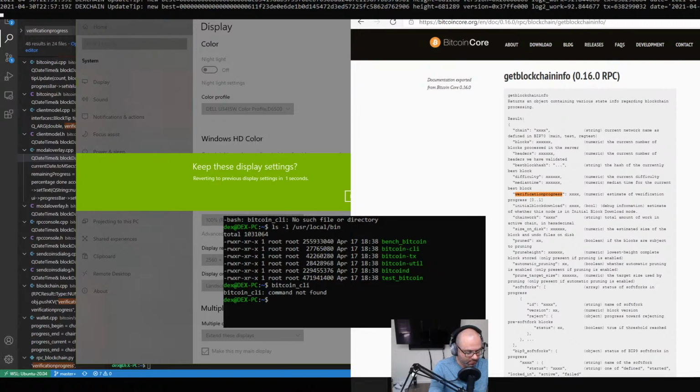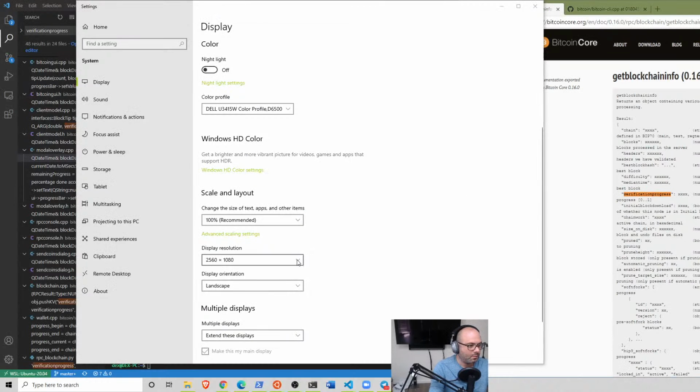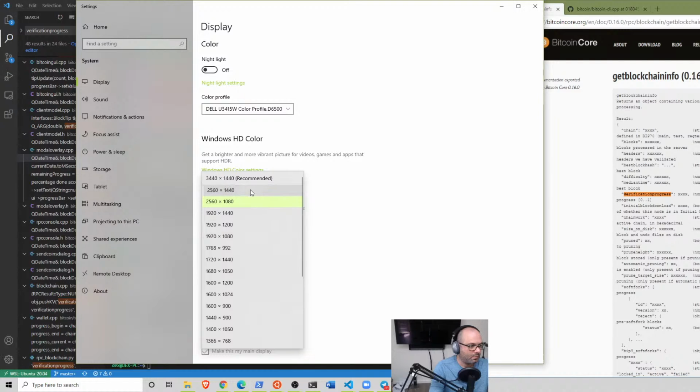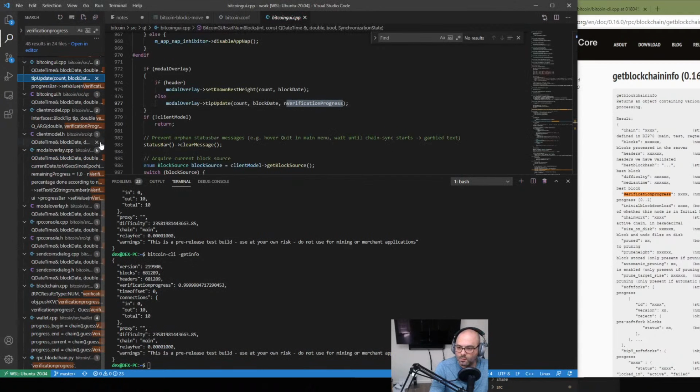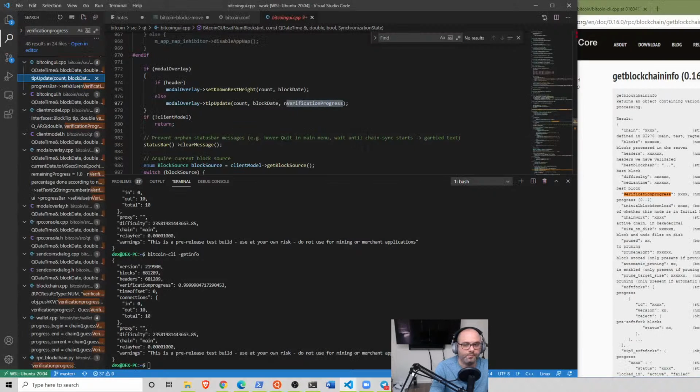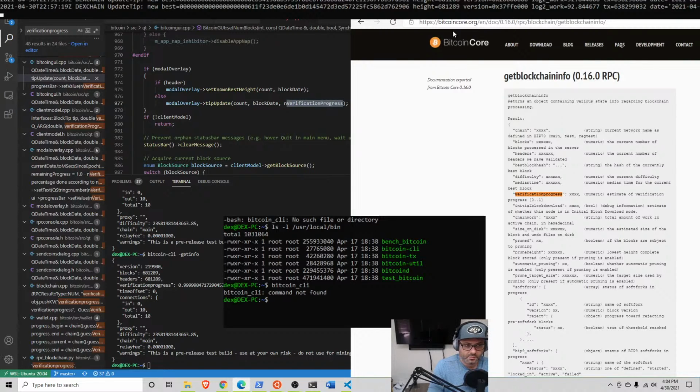Is this any better? Okay. Back to the program. Alt Shift W. Verification progress.